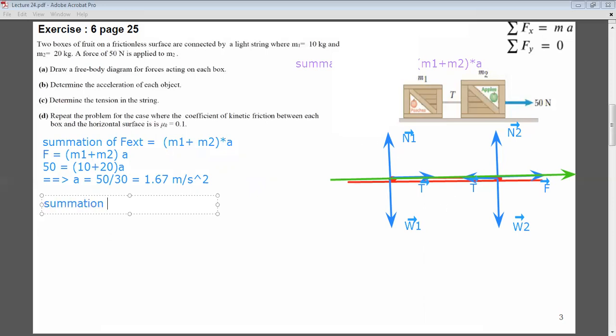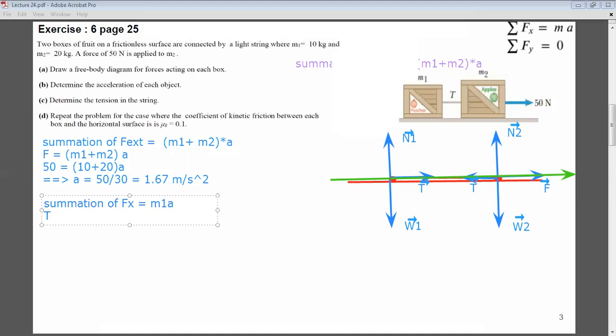So summation of forces F1x equal M1 times acceleration. What are the forces along the x-axis for object 1? There is only the tension, and it's in the positive, so it's T. N1, the x component is 0.